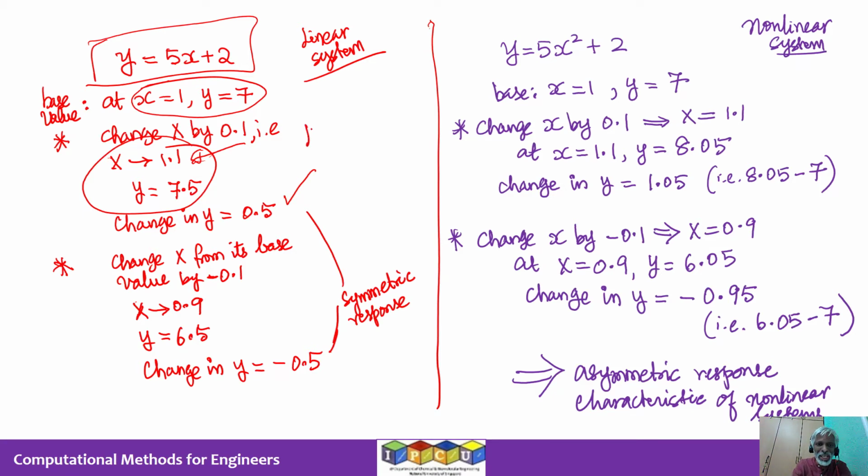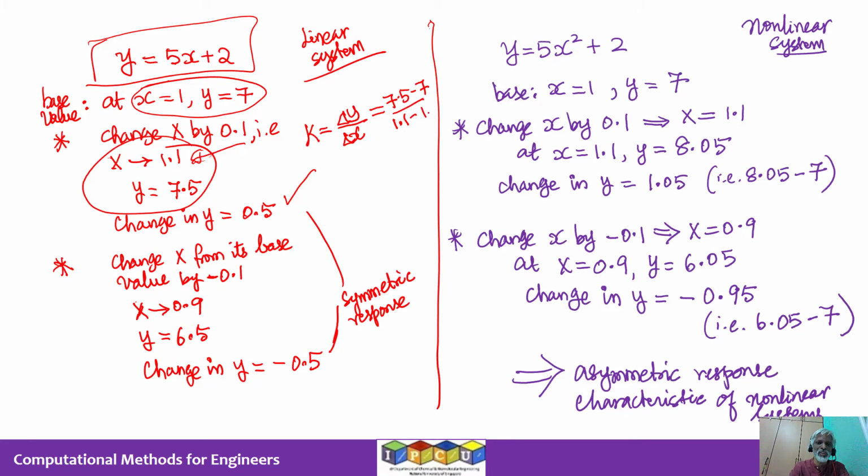So the gain is the change in y divided by the change in x, because x is the input and y is the output. So it's always output by input. The change in y is 7.5 minus 7. The change in x is 1.1 minus 1.